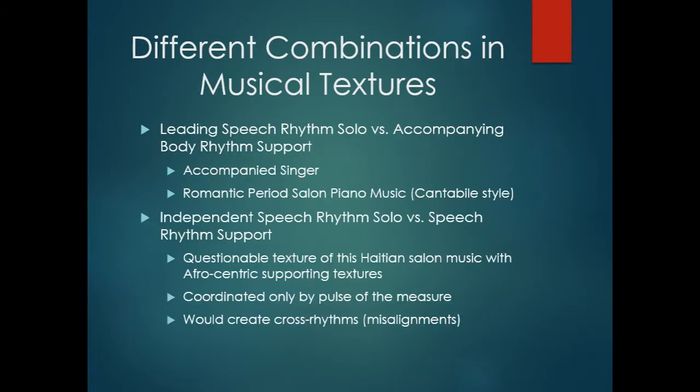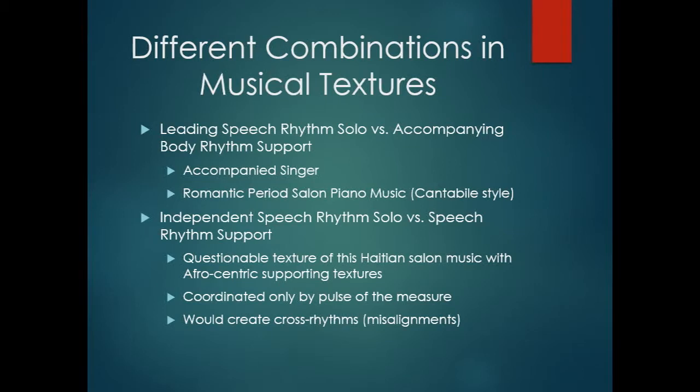Now, if you also take the speech rhythm and the body rhythm support, and if you allow the speech rhythm soloist to lead, you have freedom with the soloist. So the soloist is able to fluctuate and freely have rubato treatment, and could be accompanied.